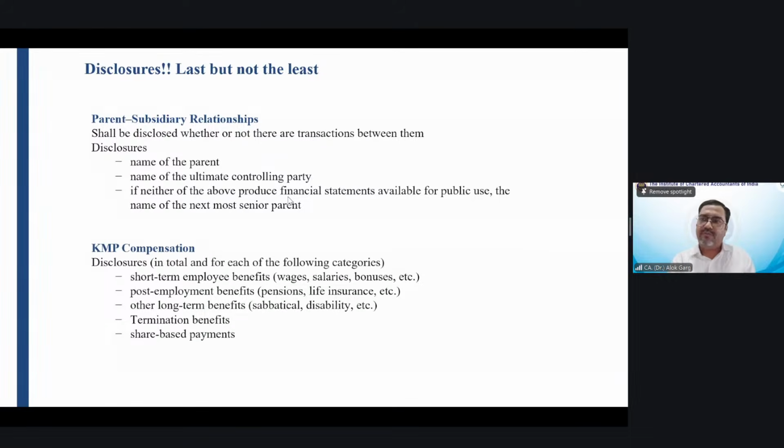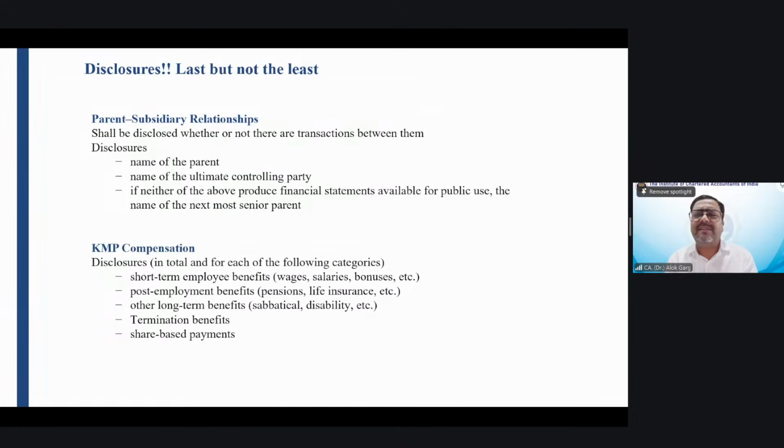So, Manish, no. First of all, if there is a parent subsidiary relationship, it doesn't matter whether there is a transaction or not, the name and the relationship have to be disclosed. But if it's not a parent and subsidiary, then only those entities' name, relationship and transaction need to be disclosed with whom the company has transactions.